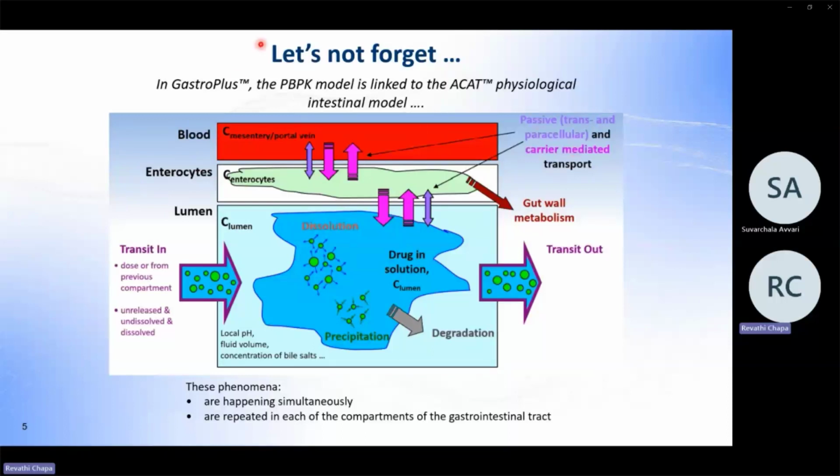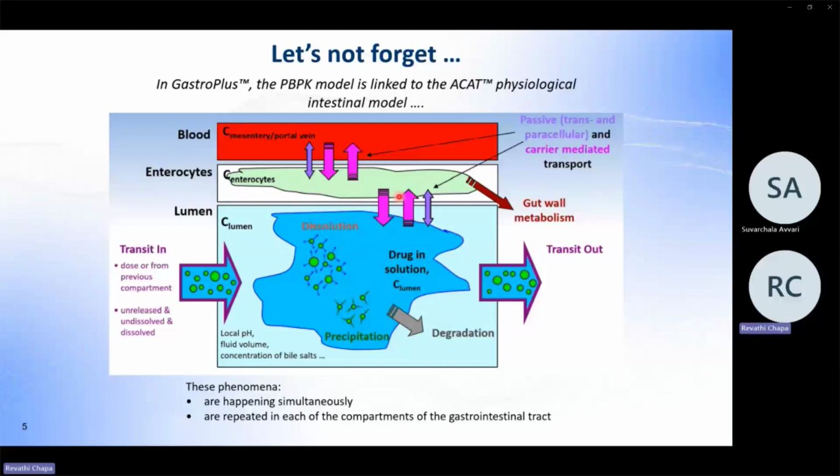For example, when a drug is entering the body, in the lumen, it could undergo several processes. First, the drug needs to be dissolved. Some drugs could precipitate based upon the pH, and the drug could also potentially degrade if the pH is not comfortable for the drug.